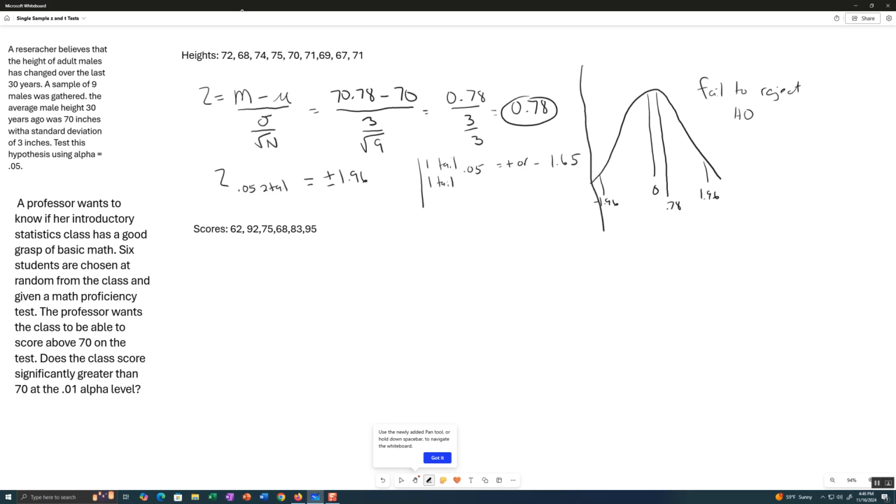One tail, 0.01, is either plus or minus 2.33. Two-tail at 0.05 is going to be plus and minus 1.96. And two-tail at 0.01 is going to be plus and minus 2.58. So those are your critical values for Z.